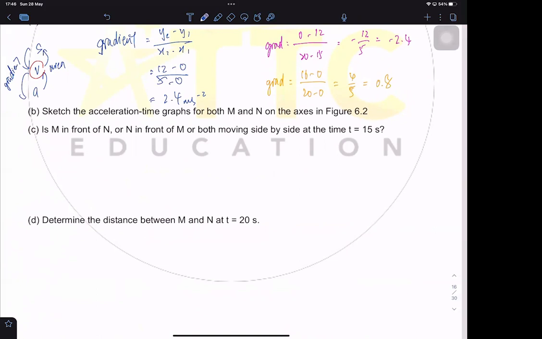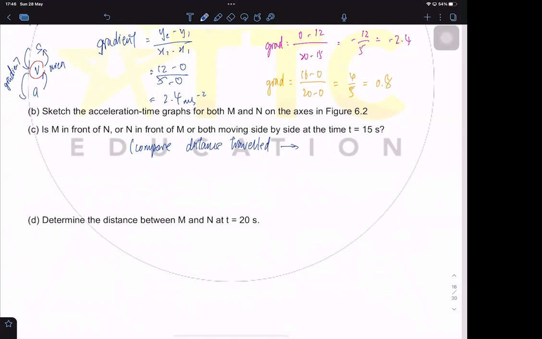Because if both of them start together, and one person moves 30 kilometers, the other person moves 25 kilometers, of course the person that moved 30 kilometers will be ahead. So what we need to compare is their distance traveled.